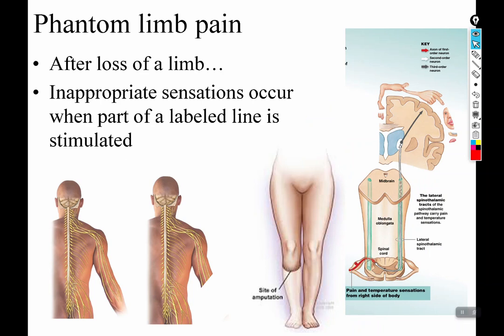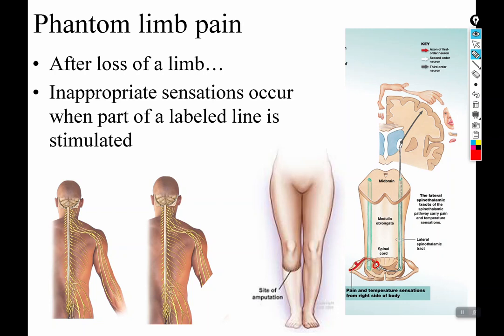So we talked about this already, but it's always good to reinforce. Inappropriate sensations occur when part of a labeled line is stimulated. So maybe in the spinal cord, due to the arriving sensory information of some other sense, some neurotransmitter accidentally ends up on this receptor or the dendrites of this neuron.